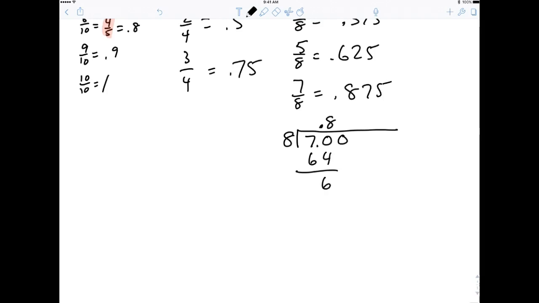Then you bring a 0 down. 8 goes into 60 7 times. Bring down a 0. 8 goes into 40 how many times? 5. That's why 7/8 is 0.875. So you can either do the division or just remember that fact. Is everybody understanding me?